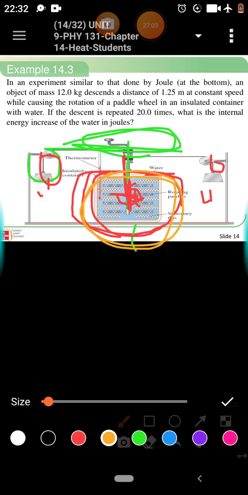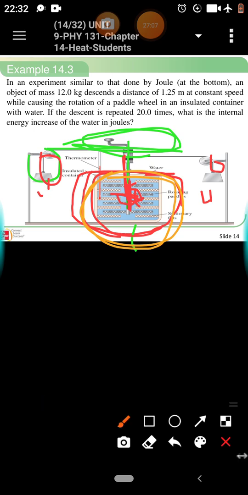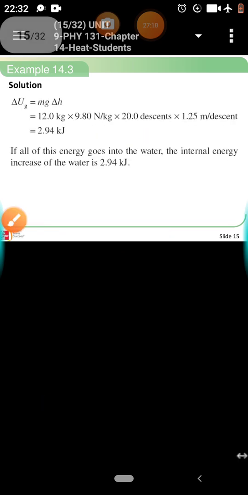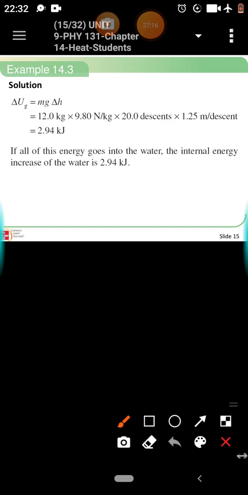So this is a very clever experiment, if I may say. This potential energy is delivered in this way, and this is the internal energy increase of the water.